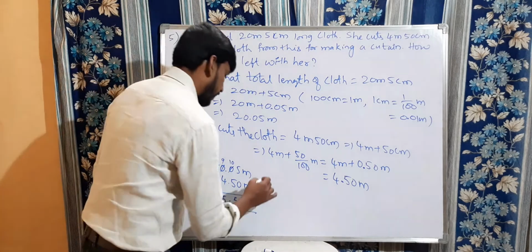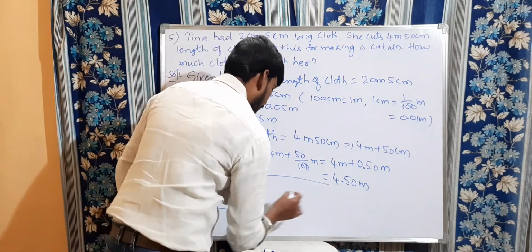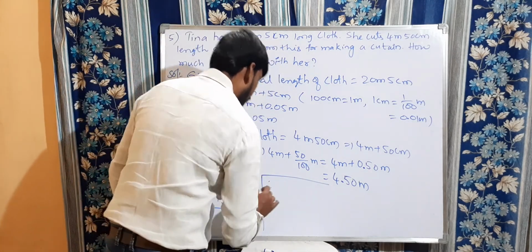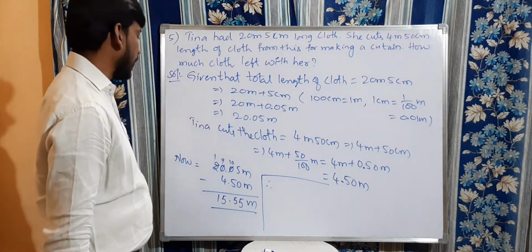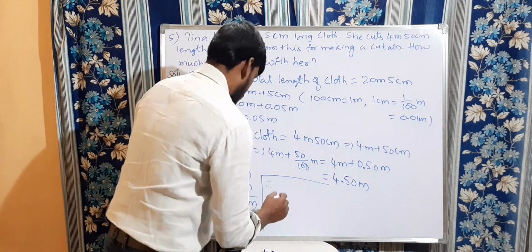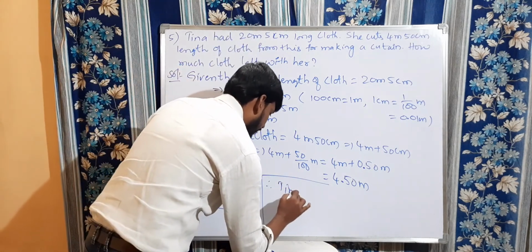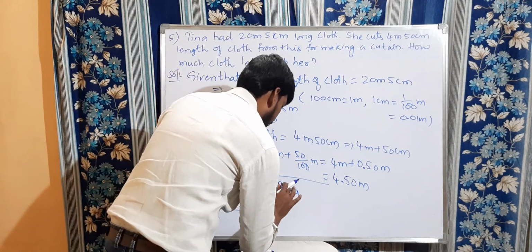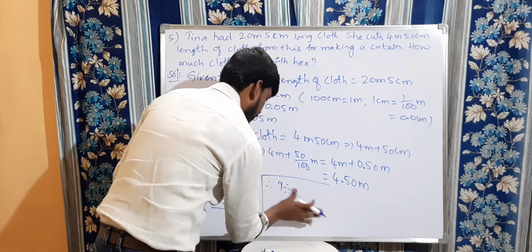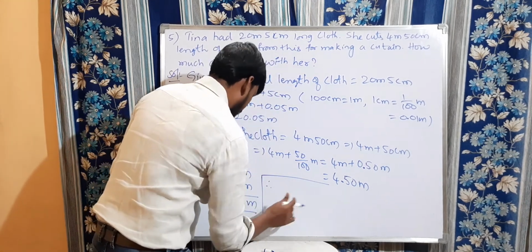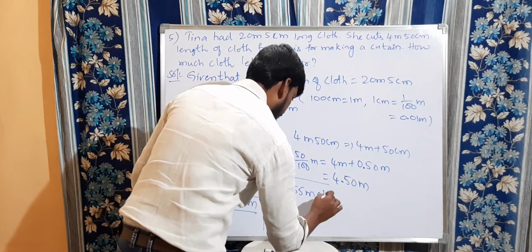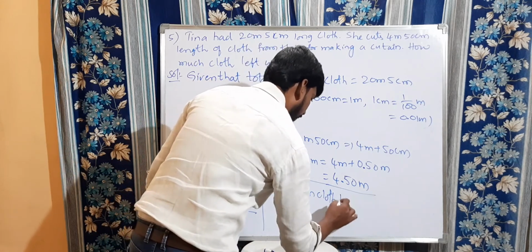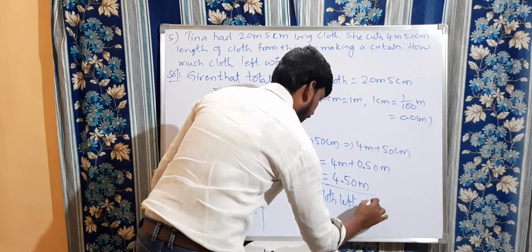So therefore here, how much cloth is left with her? So Tina, after cutting, otherwise you can write her. So therefore here, 15.55 meters of cloth is left with Tina.